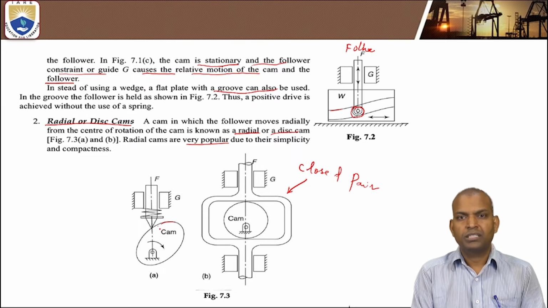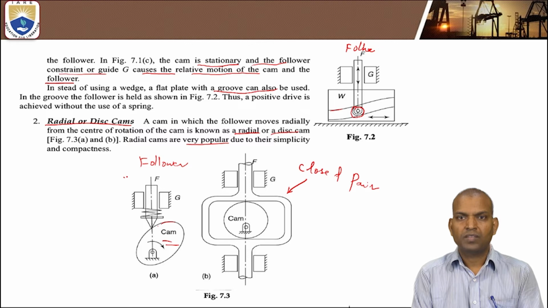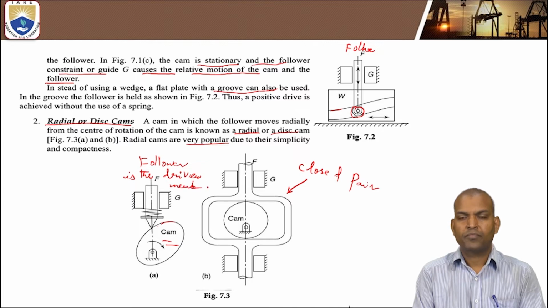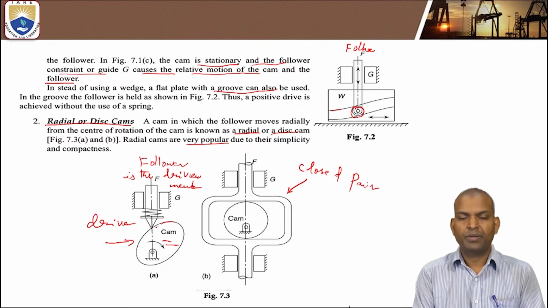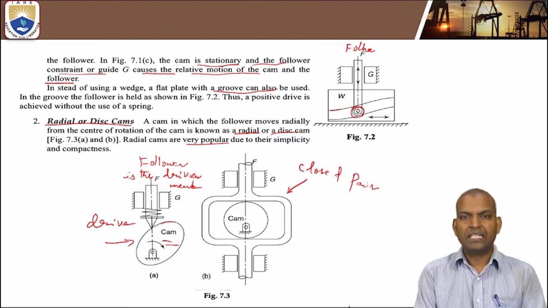Now, one more important point: what is the driven member in these two figures? The driver member is the cam and the driven member is the follower. The contact between the driver and the driven member is a point contact.